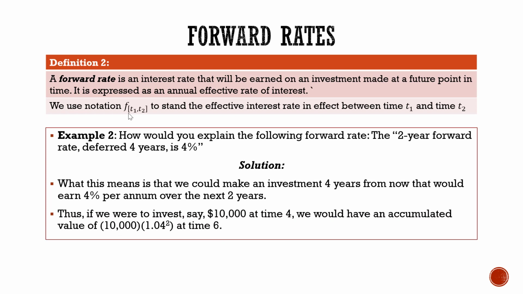The difference between the spot rate and the forward rate is that the forward rate is for an investment made at a future point in time, and the spot rate is the effective interest rate for an investment made at time 0, the initial time.